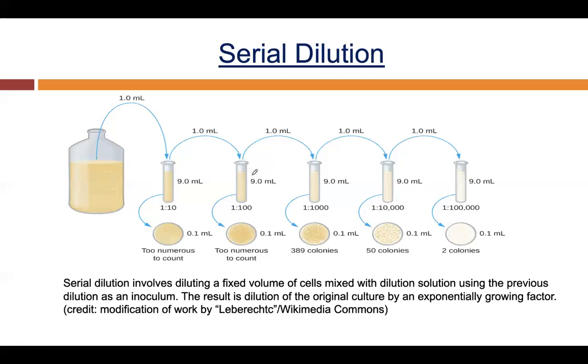Okay, now for the next tube, the next tube also has 9 ml of distilled water. This time, instead of taking the original sample, we are going to grab 1 ml from the first tube. So basically we are trying to dilute the water, right? So over here, this original sample is already diluted 10 times.